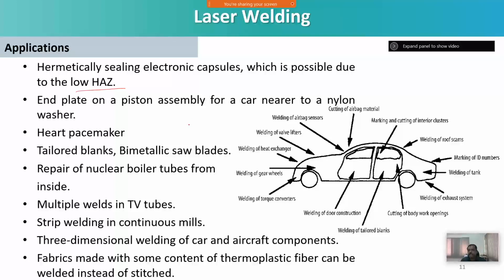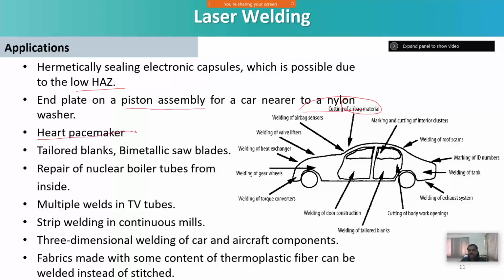Then the end plate on a piston assembly for a car, made of nylon. When you have a polymer material and a higher heat affected zone, there is a possibility for it to melt, but a laser can do that.